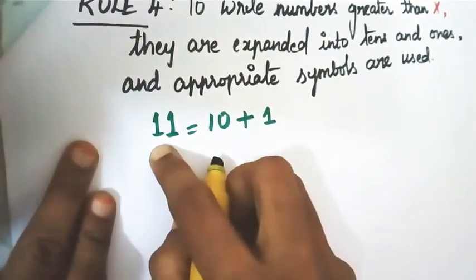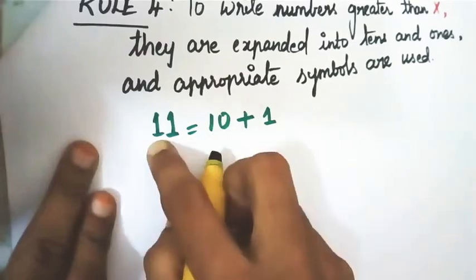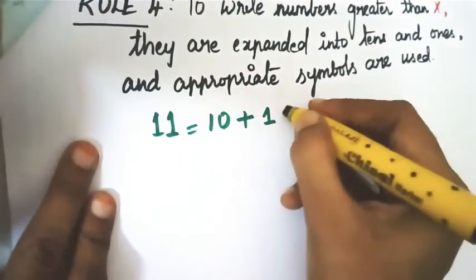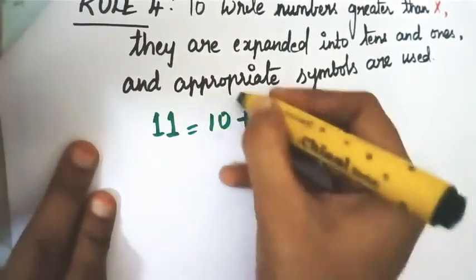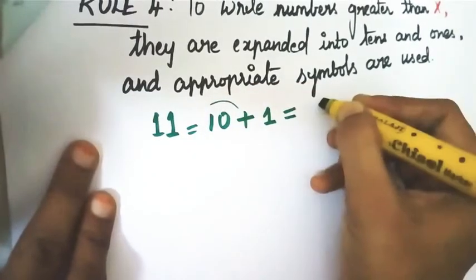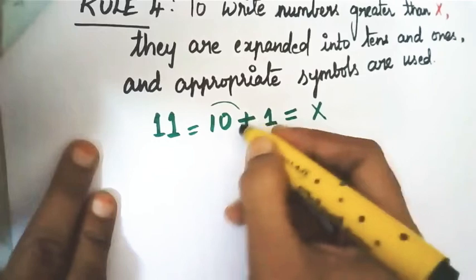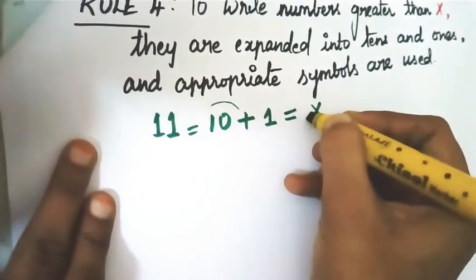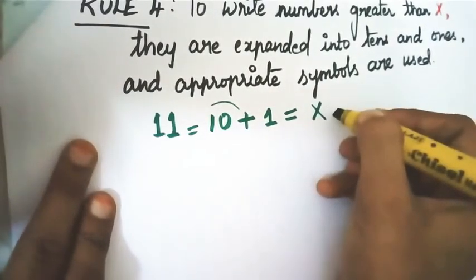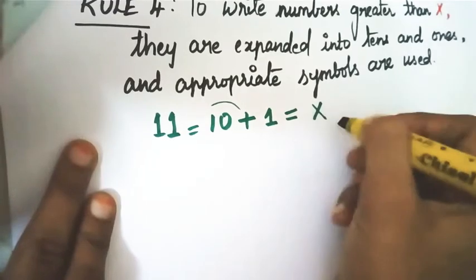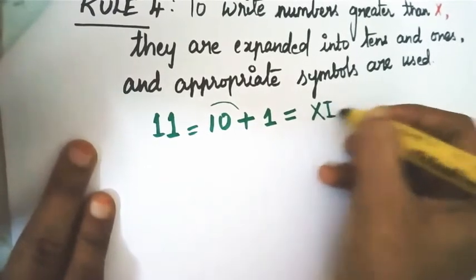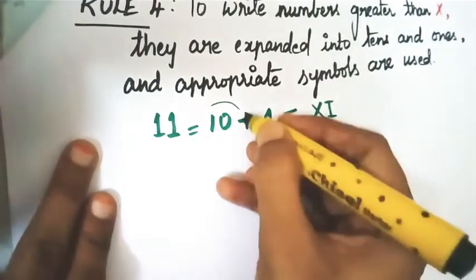11 is equal to what? 10 plus 1. It can be written, right? 10 is your tens and 1 is your ones. What is the symbol for 10? It is X. For 1, what is the symbol? Should you write on the left or should you write on the right? For addition, you should write on the right side.